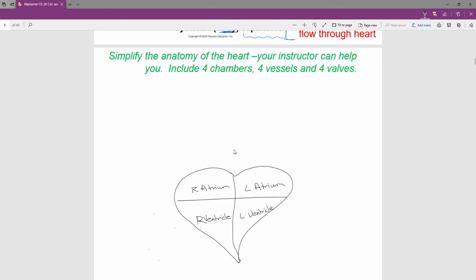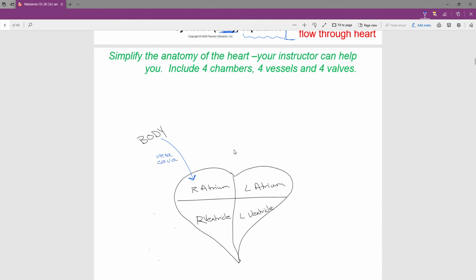We're going to start with the right atrium. We're going to start with blood coming from the body and into the heart. So this is going to be deoxygenated blood from the body, and it enters the catching chamber or the receiving chamber of the right atrium. The vessel that comes through is the vena cava.